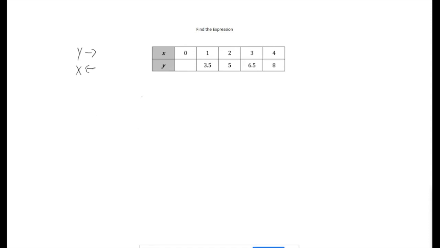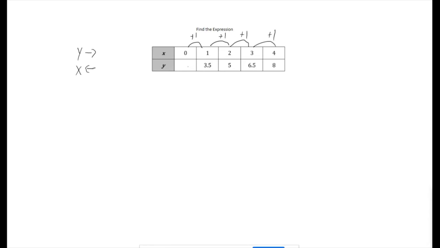What is the relationship between x and y in this chart? We can see that x is going from 0 to 1, 1 to 2, 2 to 3, and 3 to 4, increasing by 1 each time. How about for y?